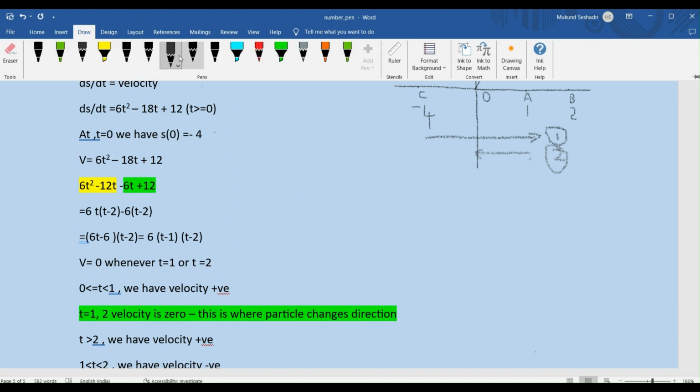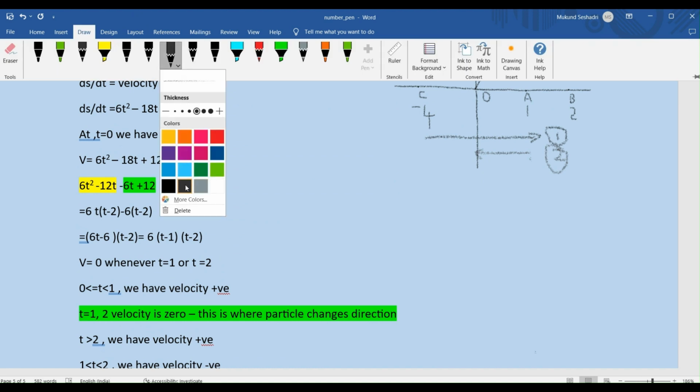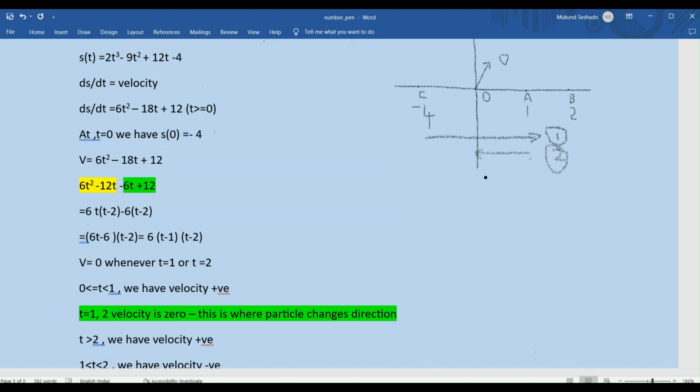Well, let me go back and use the pen again, because this makes it a lot easier. I move back to a point, say B, which is my final point at t equals 4.